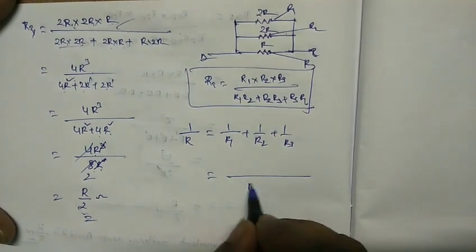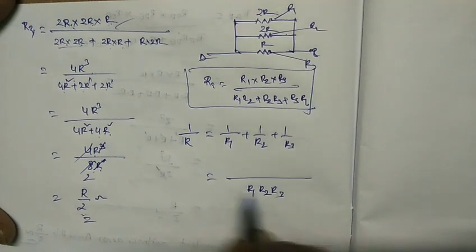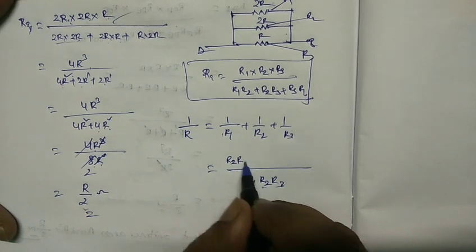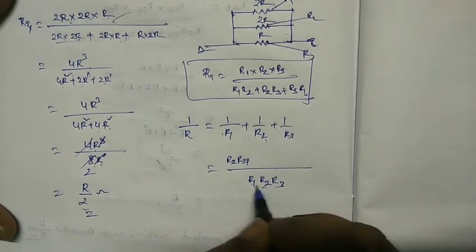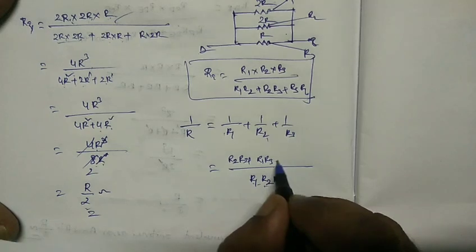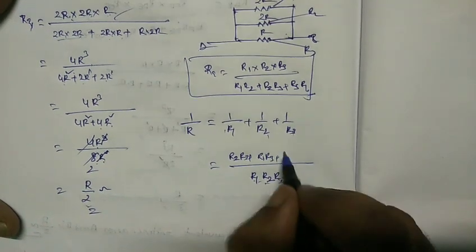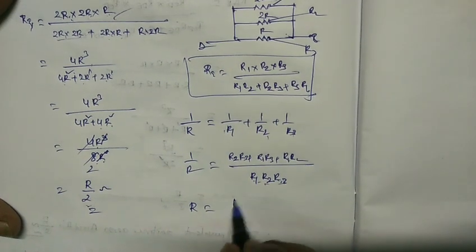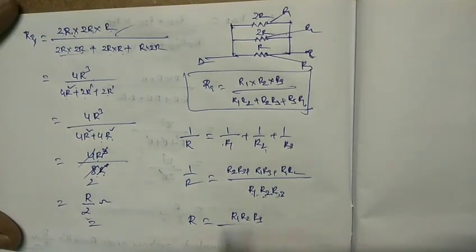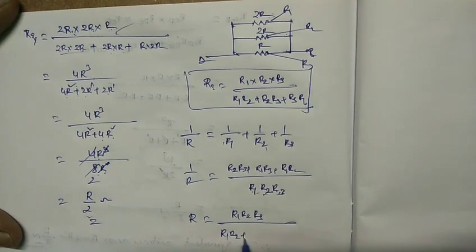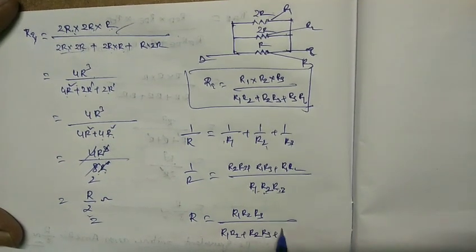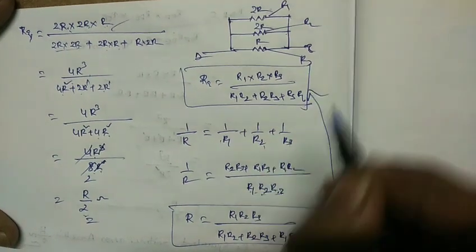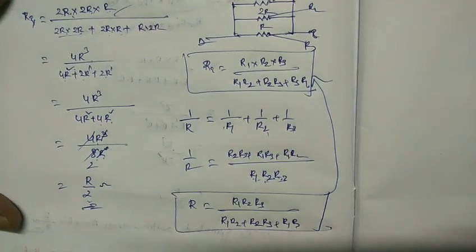That gives R1 R2 R3 in the denominator: for 1 by R1, R1 cancels leaving R2 R3; for 1 by R2, R2 cancels leaving R1 R3; for 1 by R3, R3 cancels leaving R1 R2. This is 1 by R, so R is R1 R2 R3 by R1 R2 plus R2 R3 plus R1 R3. Using this formula we conclude that we get R by 2 ohms.